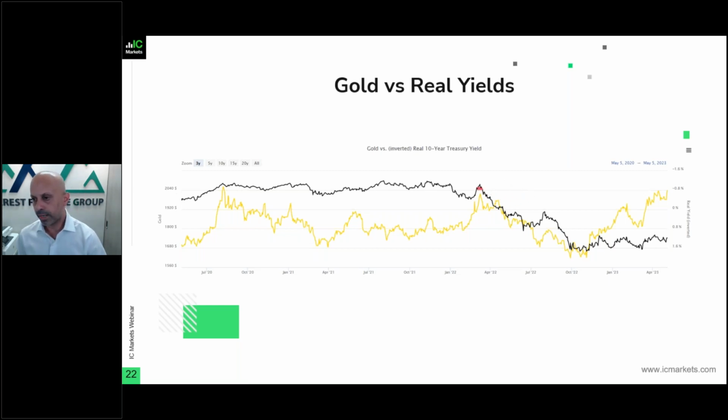So when real yields bottomed at negative 0.8 and started heading into positive territory, this was because the central banks, the Federal Reserve, were raising interest rates very aggressively, causing the dollar index to rise, causing the bond yields to rise.